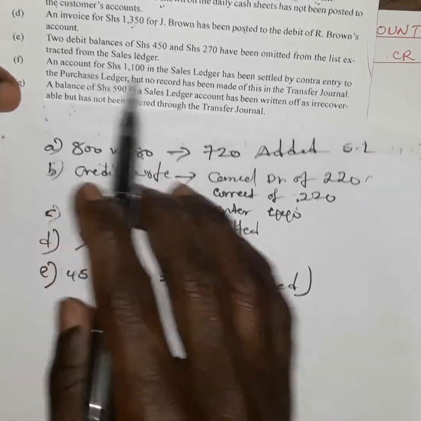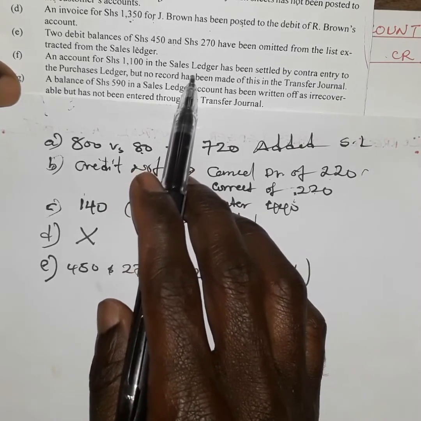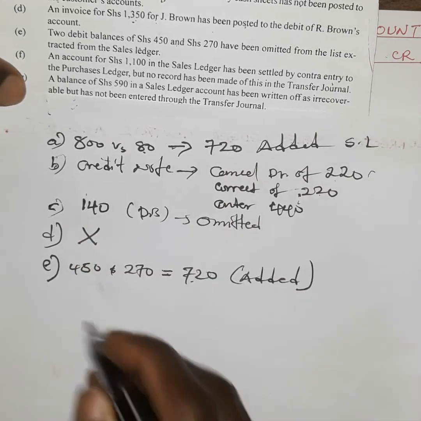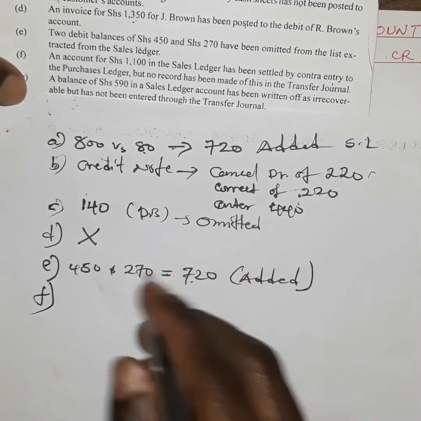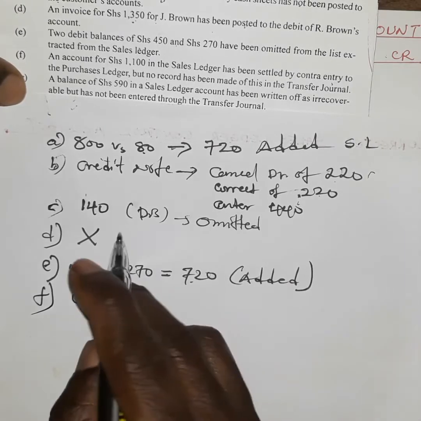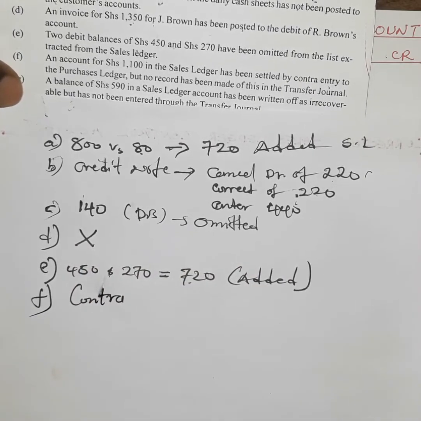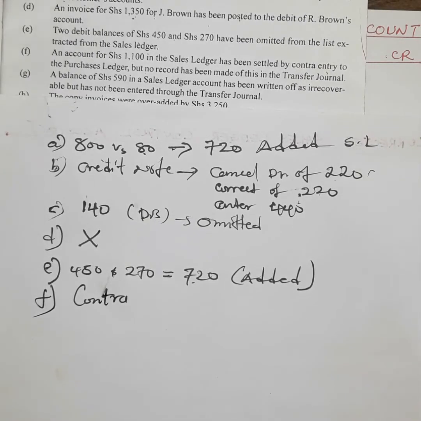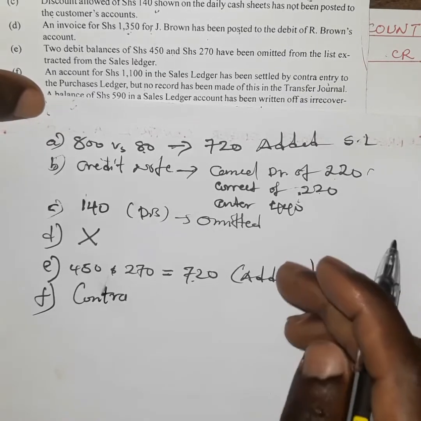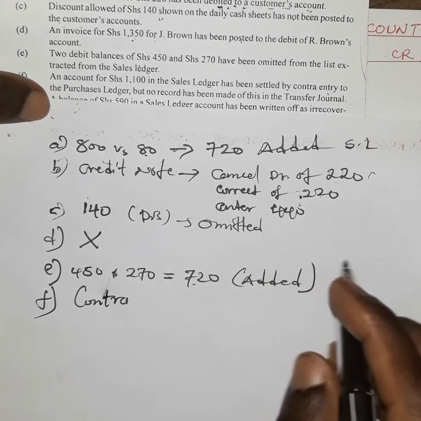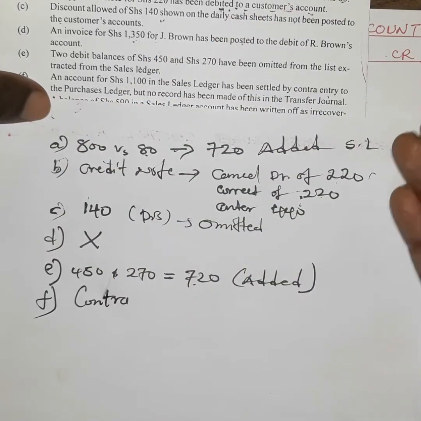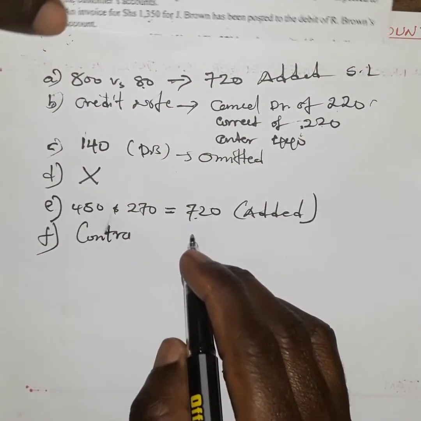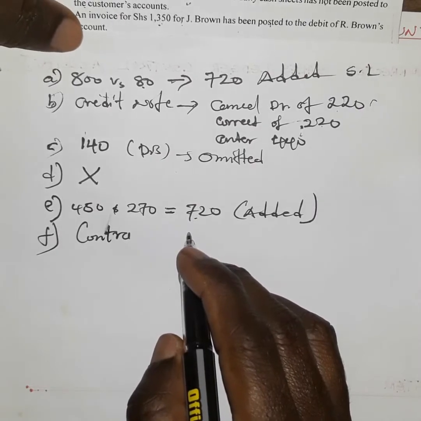Then you go to F, and this is what F says. An account for 1,000 in the sales ledger has been settled by contra entry to the purchase ledger. Now, contra entry means an entry whose transaction comes as a result of a decrease in either the sales ledger control account, leading to the increase of the other account, or a decrease in purchases ledger, leading to an increase in sales ledger control account.